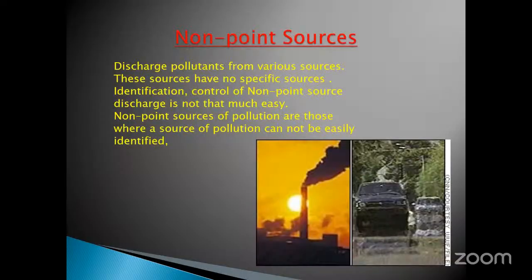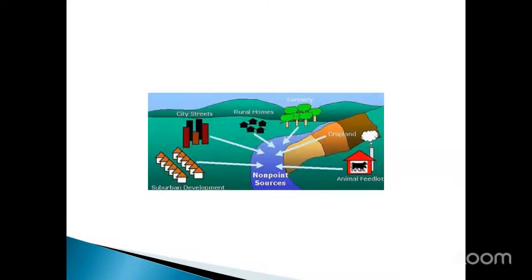Now coming to the non-point source, discharge from various sources. Just now we discussed these sources have no specific source. Identification and control of non-point source discharge is not that easy because the pollutants come from various sources. Here you can see the discharge from cities, villages, forests, croplands and farms or agriculture.